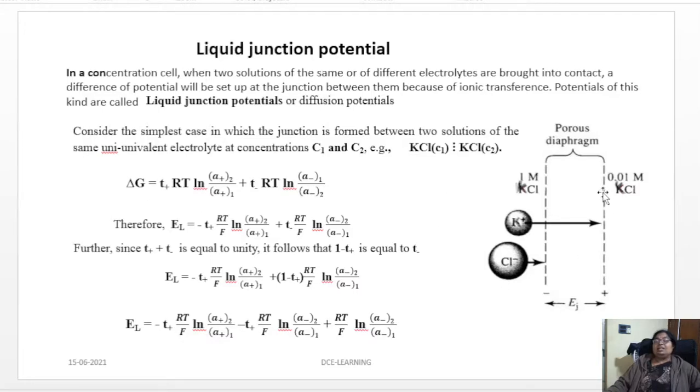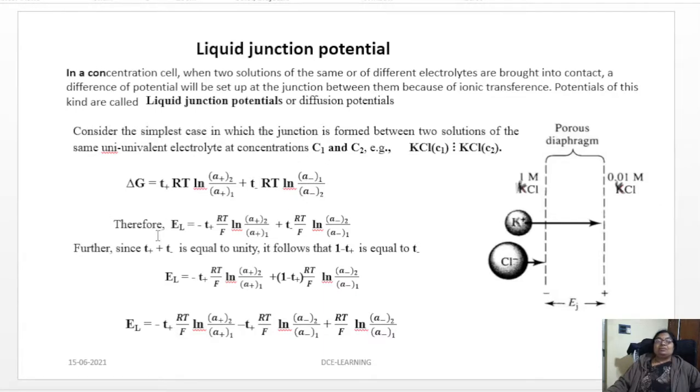It means the liquid junction potential depends on the magnitude of the transference of the cation and also the anion. Therefore, delta G equals t plus RT ln of a2 by a1 plus t minus RT ln of a1 by a2, where t plus is the transference of the positive K plus ion and t minus is that of the Cl minus ion.